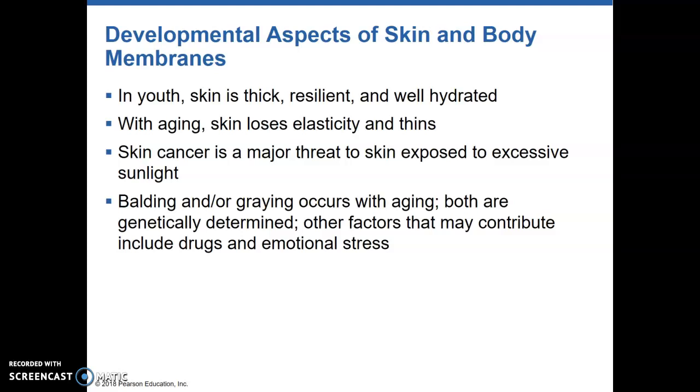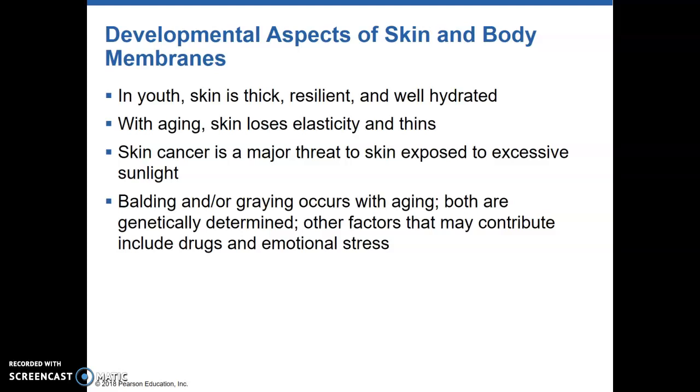And then the last thing: the growth pattern of hair decreases as we age, and the productivity of melanocytes decreases as we age. So that's why balding and graying can become problematic with an increase in age. While age is definitely a contributing factor to balding and graying, there are other things that can influence how early one balds or grays. A lot of it is genetically determined.